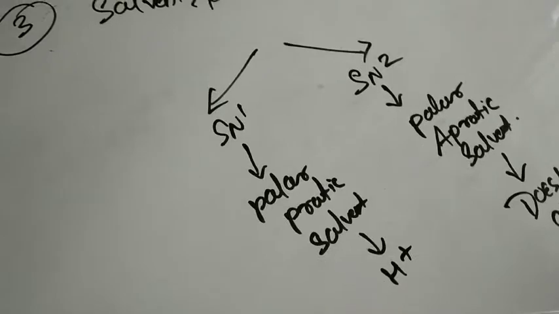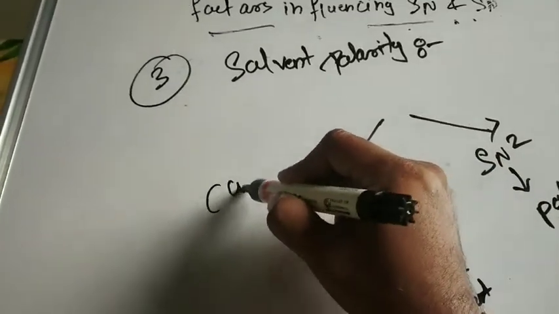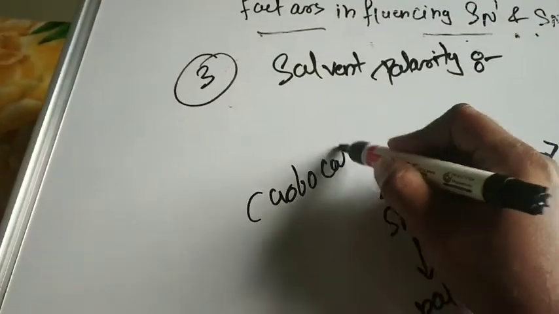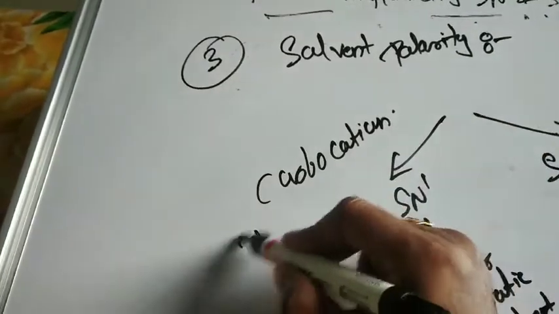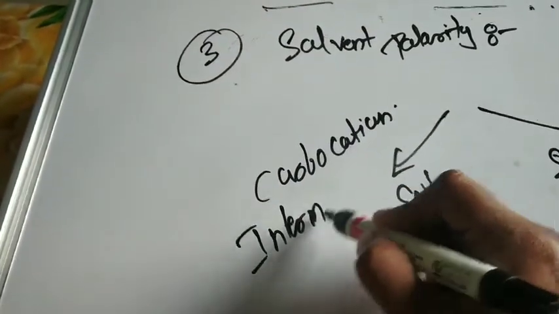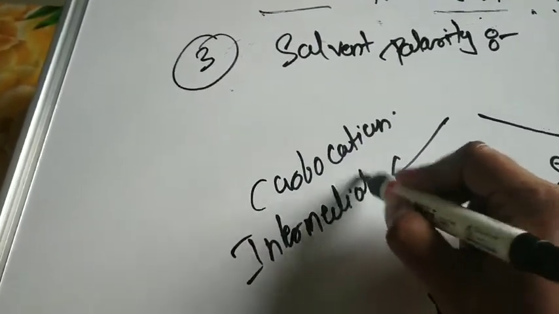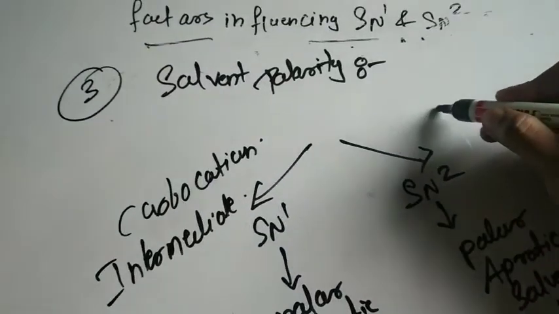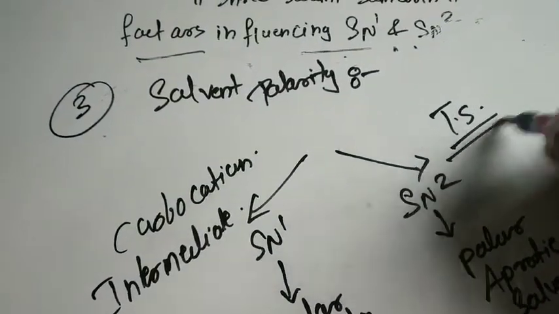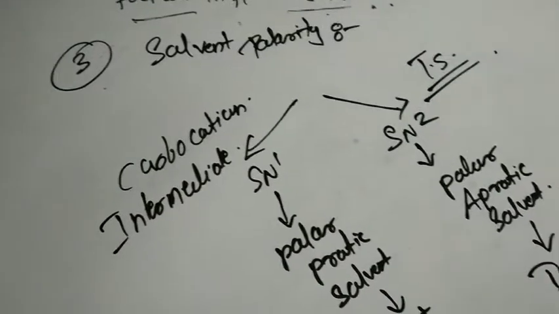And in an SN1 reaction a carbocation intermediate is formed, and in SN2 a transition state is formed, right? So you all need to remember that.